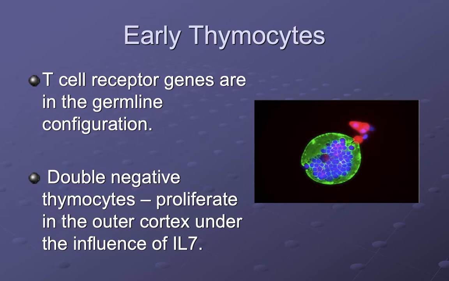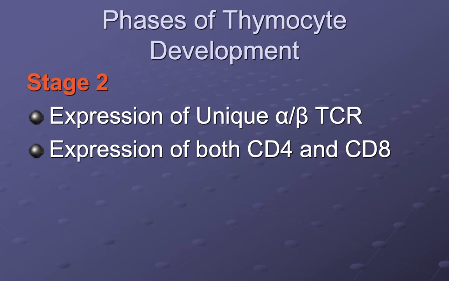Okay, the next stage involves the expression of our TCR, the heterodimeric T cell receptors that are composed of the highly variable alpha and beta chains.